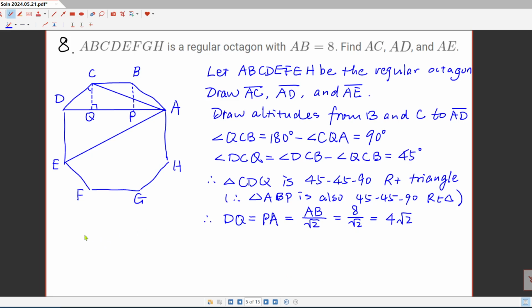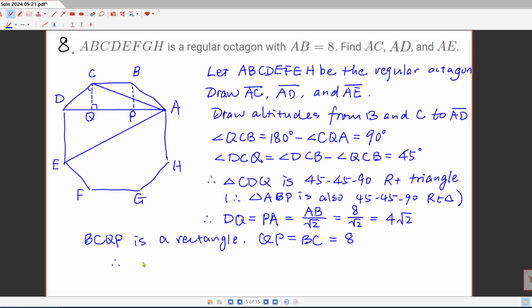And we also know that BCQP is a rectangle. And QP equals CB or BC, which is 8.